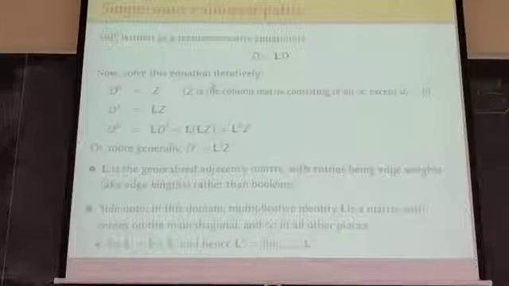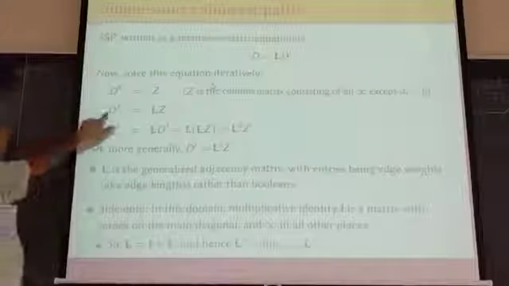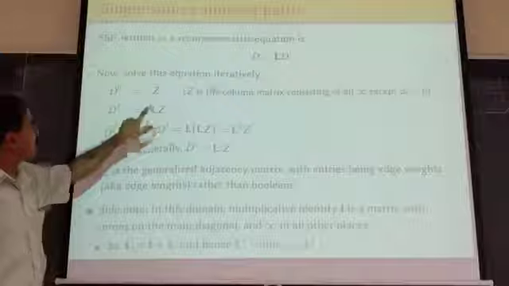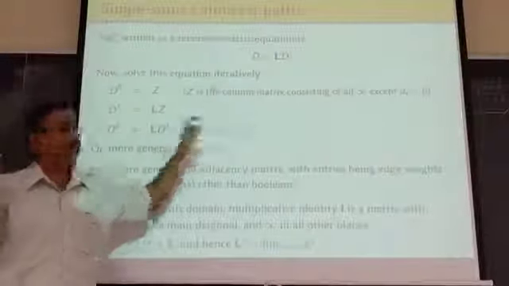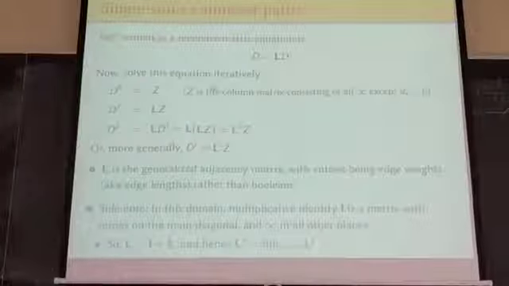We substitute this approximation into the right-hand side. So D2 equals L times D1, and D1 is LZ, so we substitute that. That gives you L times LZ, which is L squared Z.